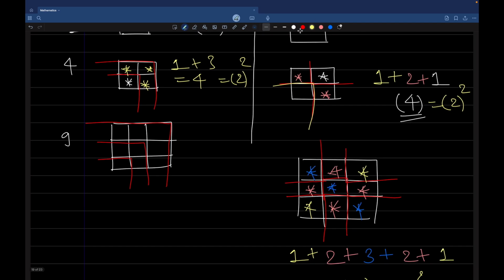If you observe this pattern, we get 1 plus 3 plus this 5, 1 plus 3 plus 5, that is 9.